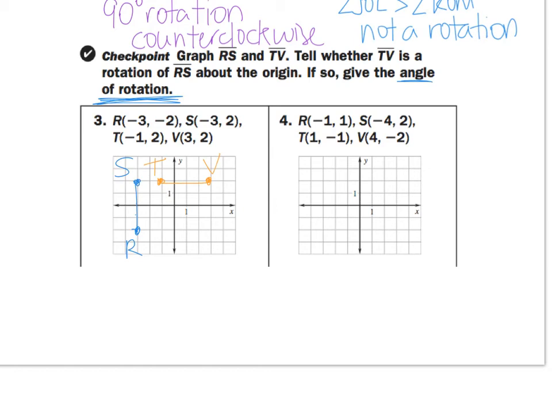So we have R going to T, and we have S going to V. And the red angle is greater than the green angle.